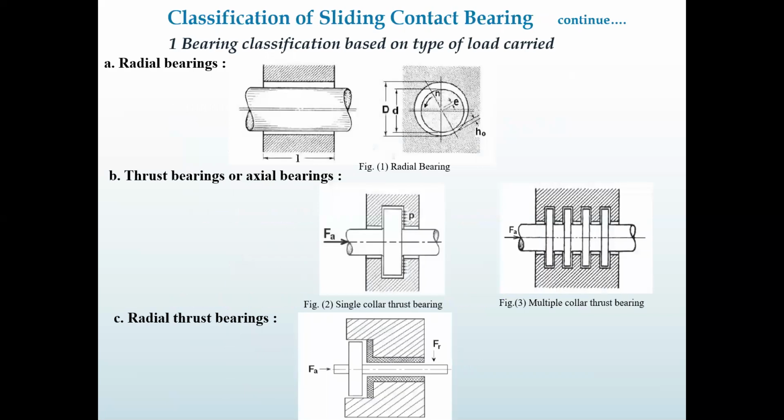Here we will discuss them one by one. Radial lubricated bearing: in figure 1, you can easily find the concept of the radial lubricated bearing. In the radial lubricated bearing, the shaft is directly mounted or inserted inside the hole.